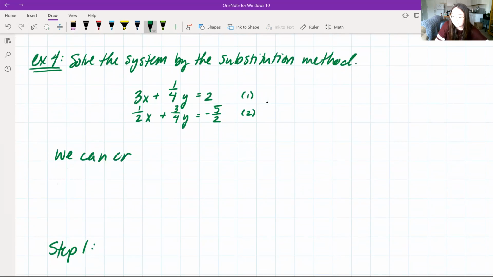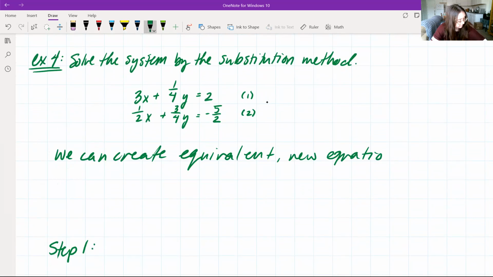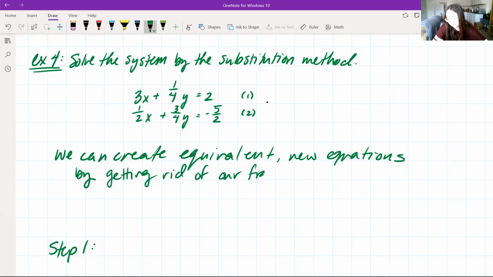So we can create equivalent new equations by getting rid of our fractions. Now the only way to get rid of our fractions is to multiply all of our terms by a number that will get rid of our fractions.